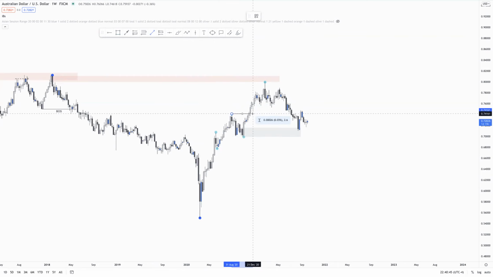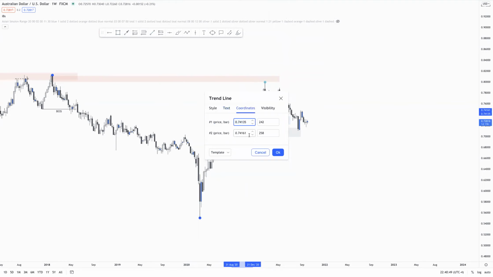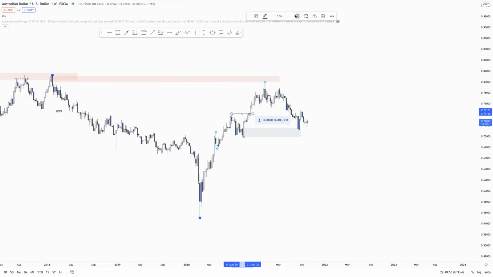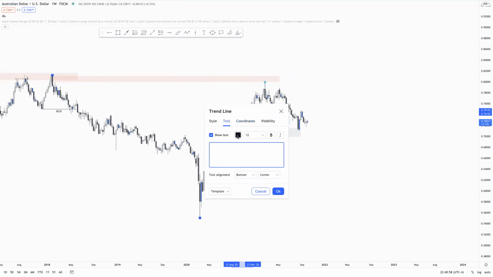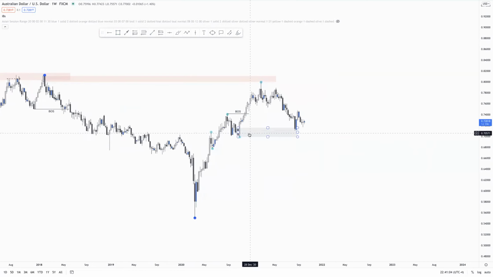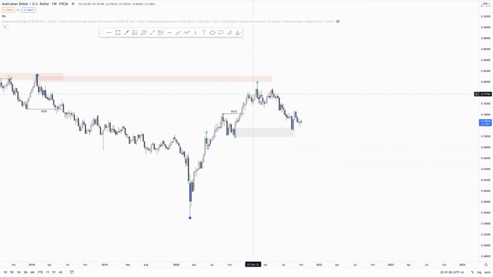So we break structure here to the upside and continue our bullish run, right? So we continue our bullish run here, and this is a BOS, and I'll put that in. So BOS, and this is not mitigated until we break the structure and then test it.